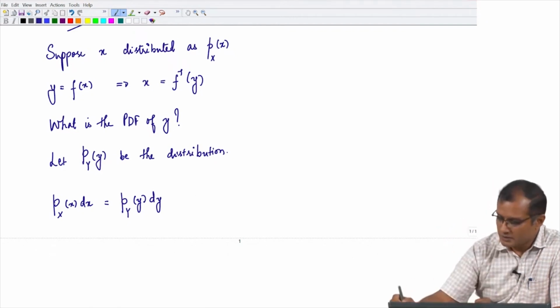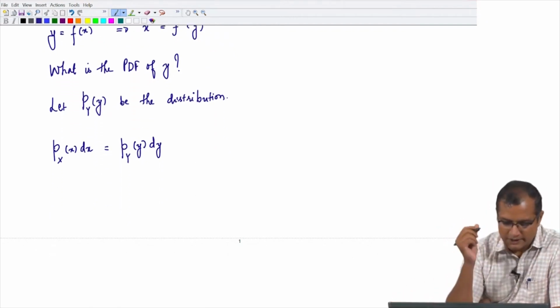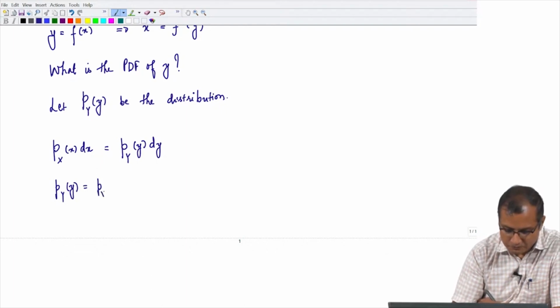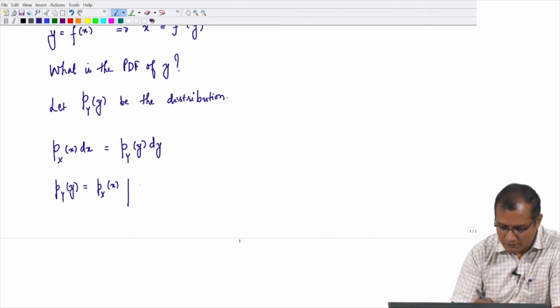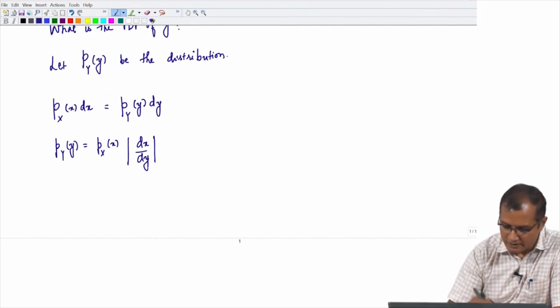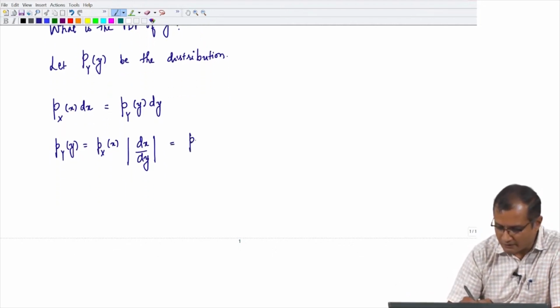Then I can extract the PDF of y by writing p of x into mod of dx by dy, and this quantity dx by dy is called the Jacobian of the transformation.